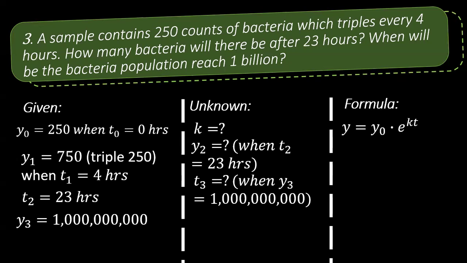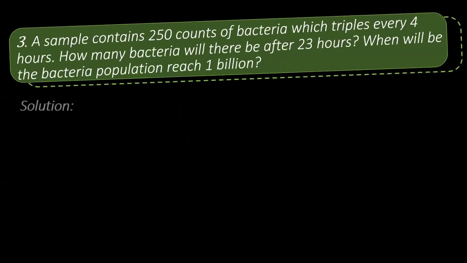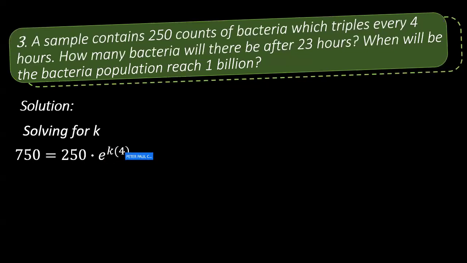Again, we use the exponential model y is equal to y sub 0 e raised to kt. Using that, we'll have 750 is equal to 250 times e raised to k times 4. But this k times 4 can be rewritten as 4k. Do you agree? So we can rewrite it as 4k.